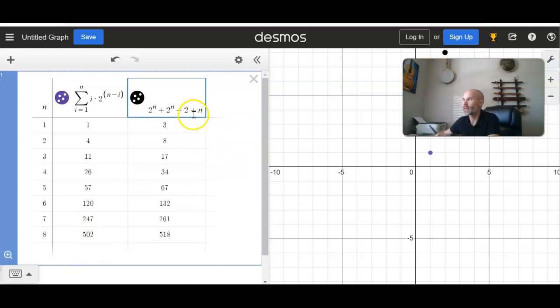Now they're not matching up, and I think this plus might actually need to be a minus n. There it is. Now notice that this column is actually adding up all of those terms to produce these numbers, but here we're producing the same numbers just by knowing what the value of n is.